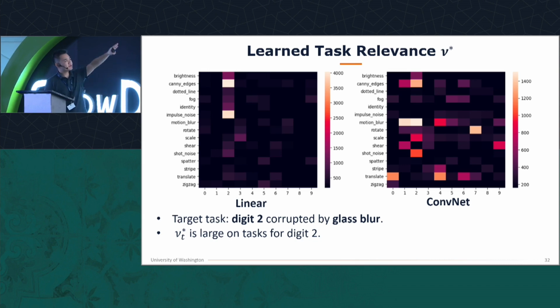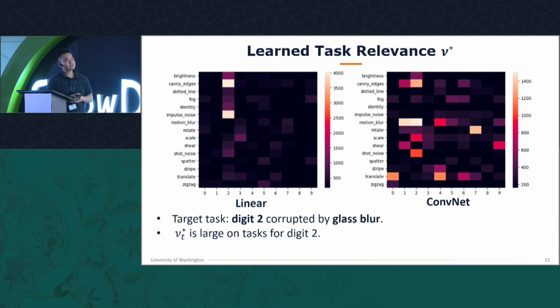You can see there are many bright cells, corresponding to very large task relevance scores for those source tasks, and they are also about classifying whether a digit is 2 or not. So this can be used as a way to provide interpretability for representation learning.